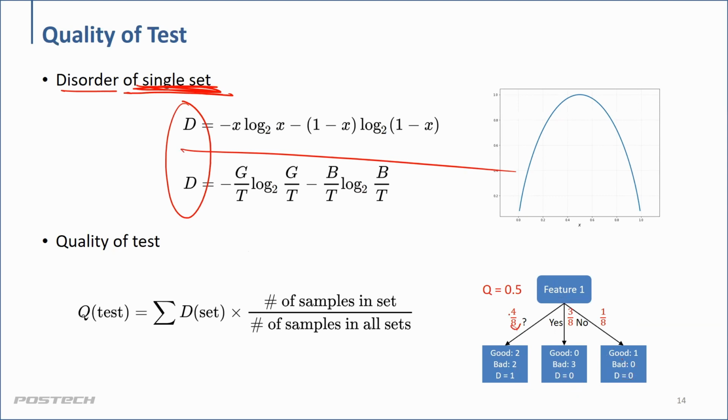We're going to use this as a weight to compute the quality of the test. If you use feature 1, the quality of the test is the disorder, 1 and 0, times the weight.